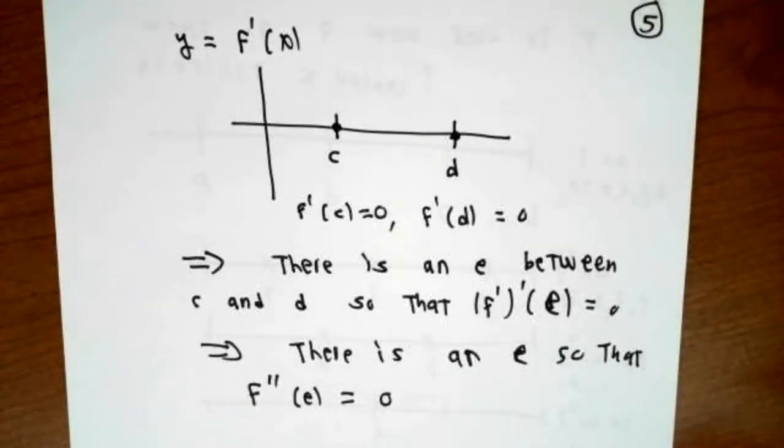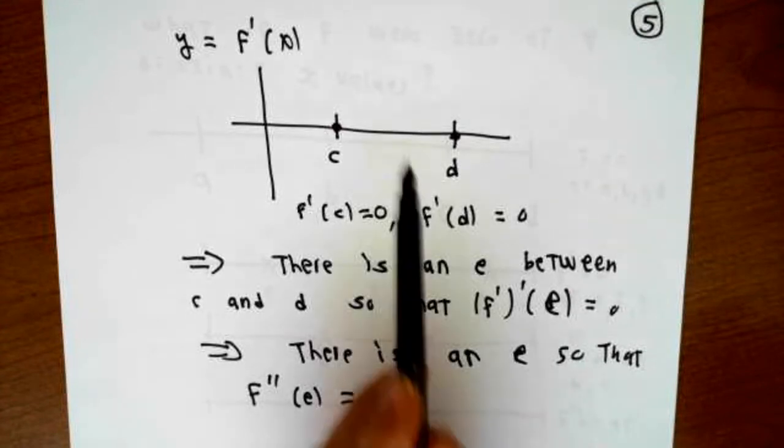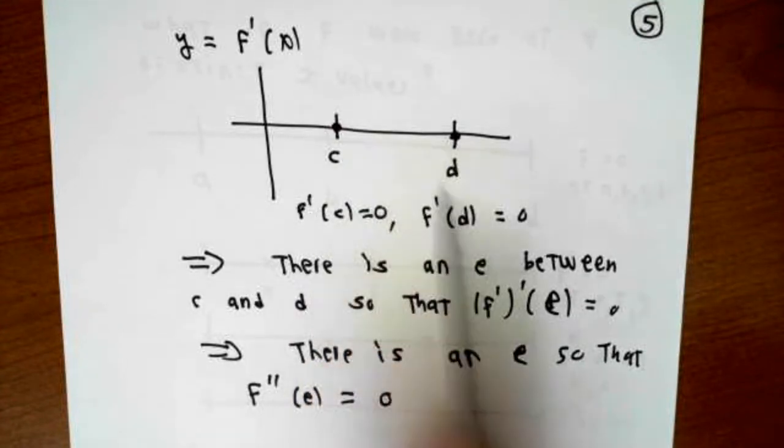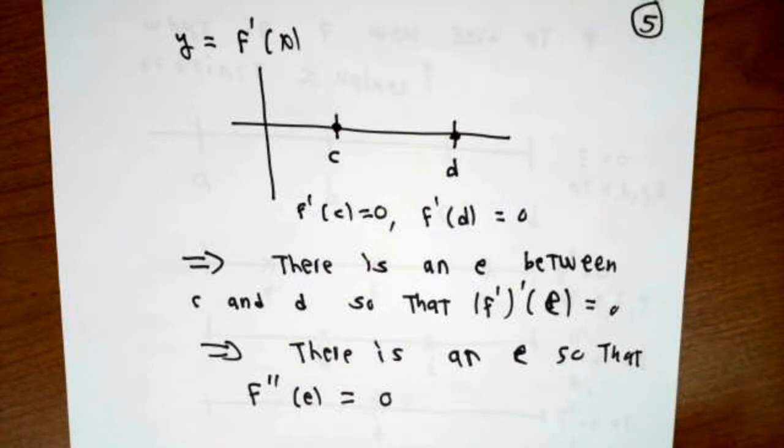Now, I'm no longer thinking of the graph of y equal f of x. I'm thinking of y equal f prime of x, and we've just decided that there are two places where the f prime value comes up equal to 0. Therefore, by Rolle's theorem, somewhere between c and d, there must be an x value, which we'll call e, so that the derivative not of f, but of f prime is 0.